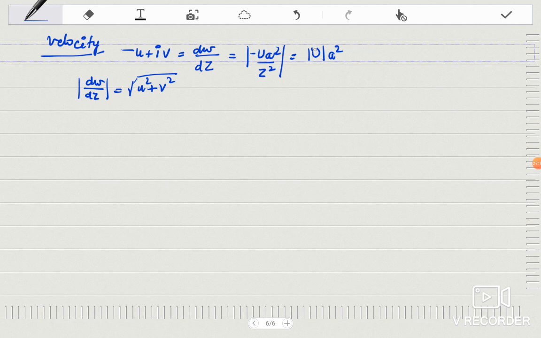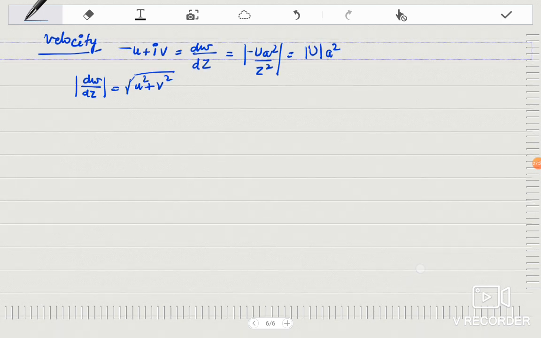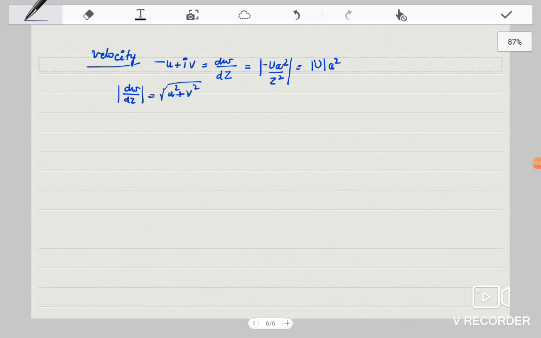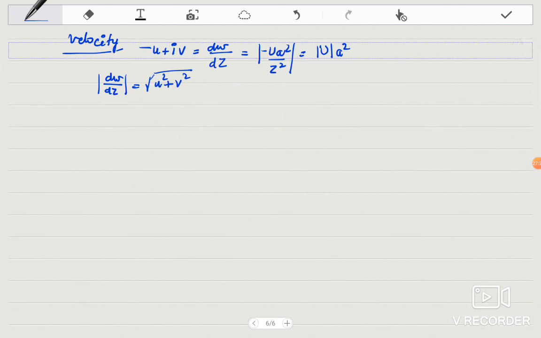I am taking modulus on u; though I have taken u to be in the positive x direction, u may be taken as positive itself. Then in place of z square I'll put 1 upon r square, cos 2 theta minus i sin 2 theta.